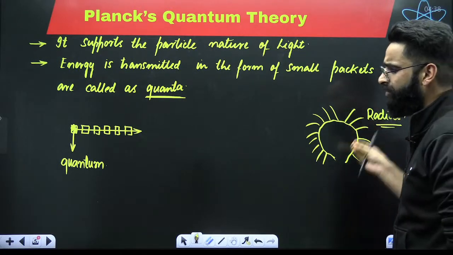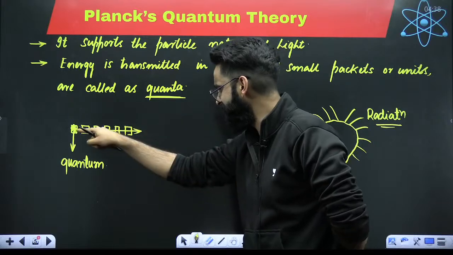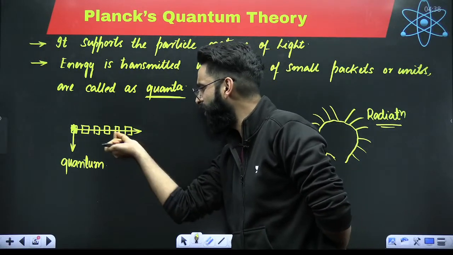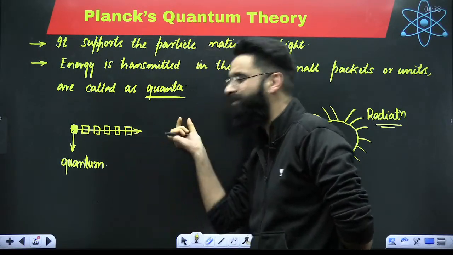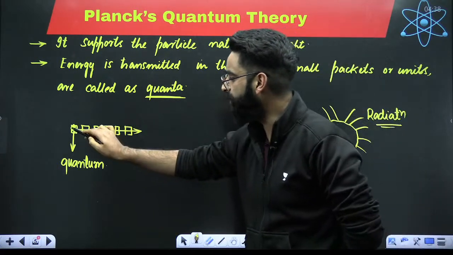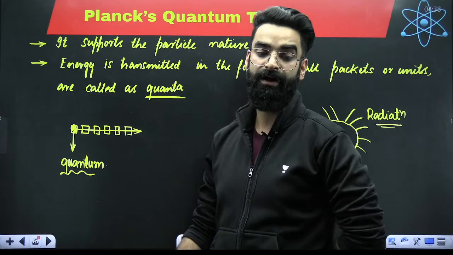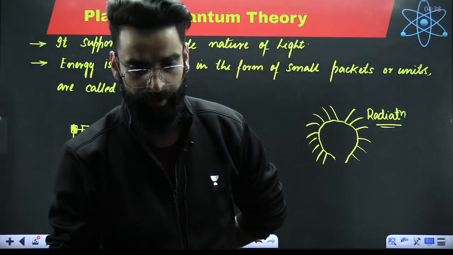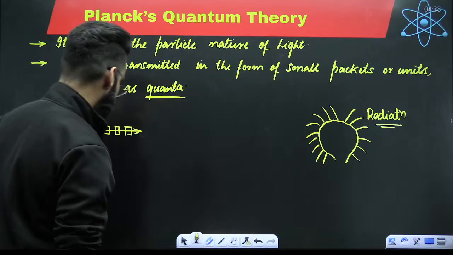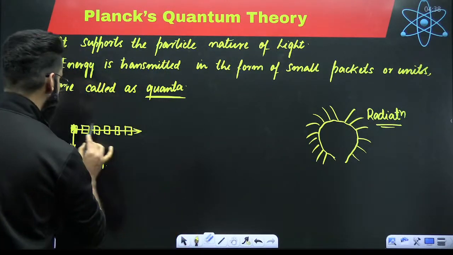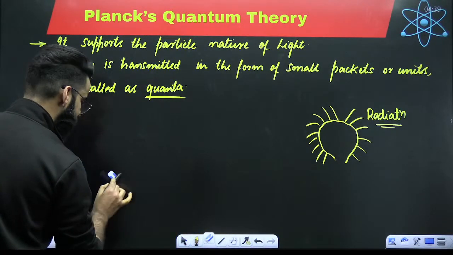Let's say this is the radiation. It consists of small packets of energy. One packet is a quantum, and a lot of packets together are quanta.